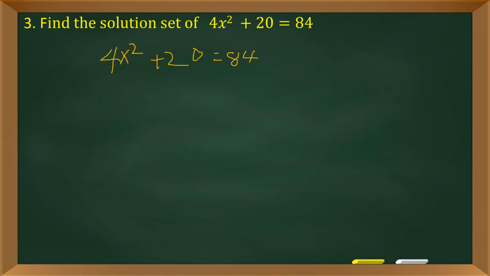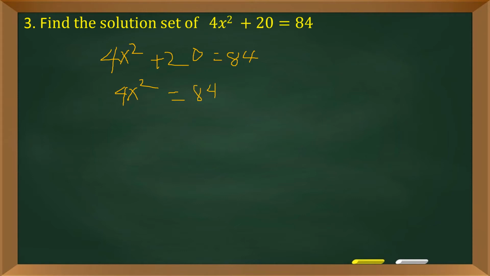So dapat isama natin si 20 kay 84 para masundan natin yung form na x squared is equal to c at magamitan natin ng square root. So, dapat pupunta si 20 sa kabila. So, magiging equals 84.